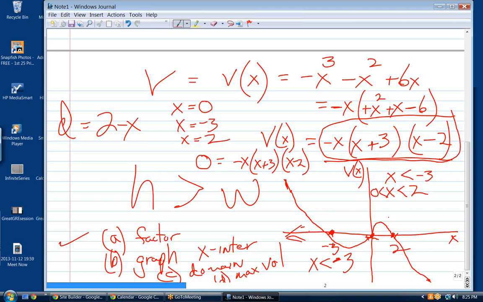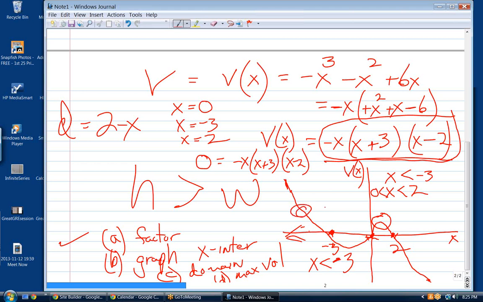Well, clearly the maximum volume has to occur right there. Okay. Now I say clearly because it's the only positive vertex. Well, it's not the only positive value of v of x.